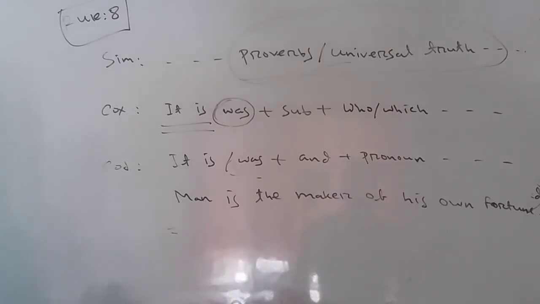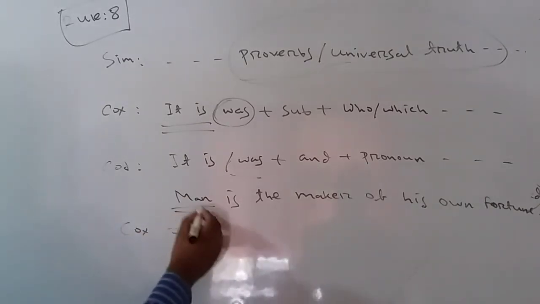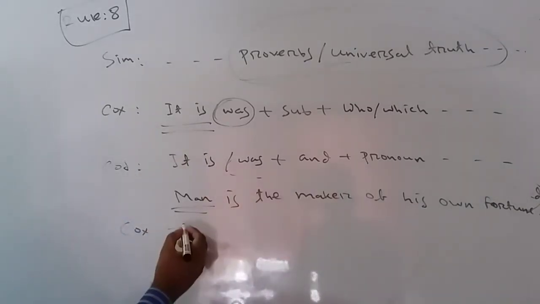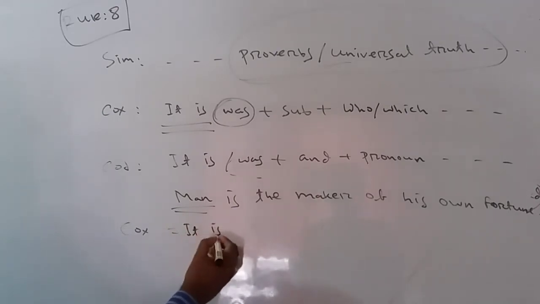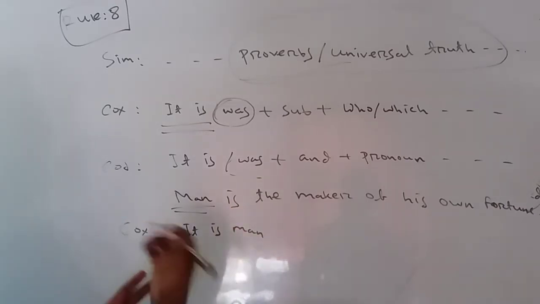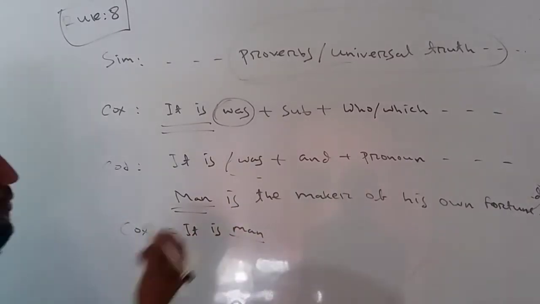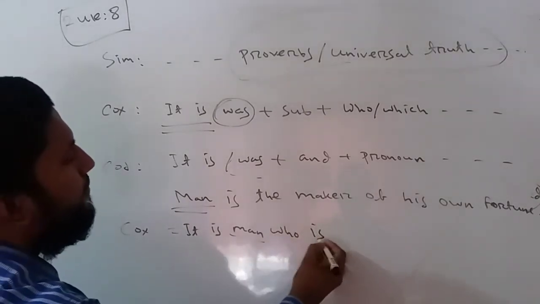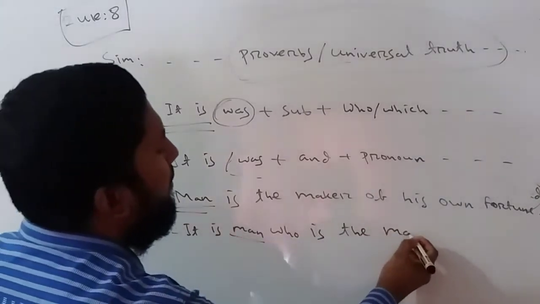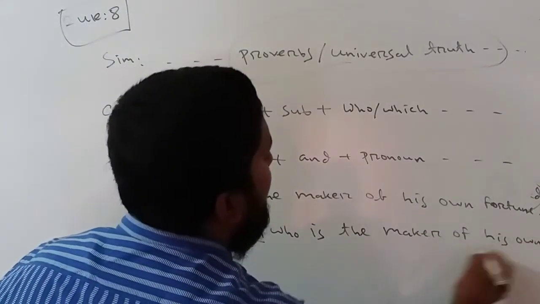Now I will have to do it in complex and compound. So the complex is: before man I will use it. It is man, then who or which. Their subject is a person, so you will have to use who. It is man who is the maker of his own fortune.